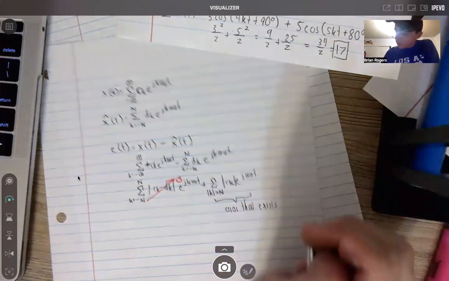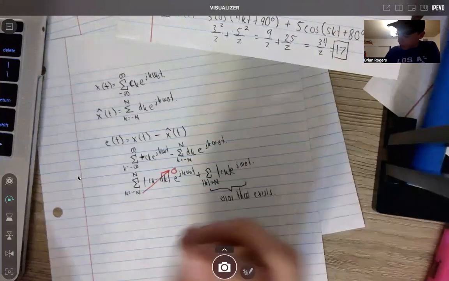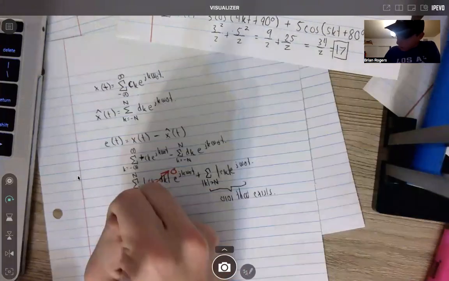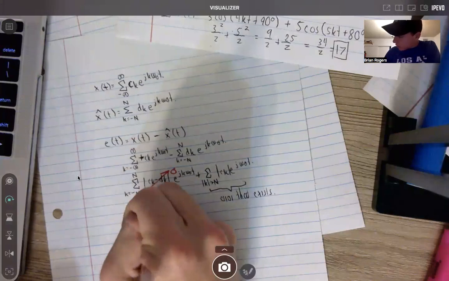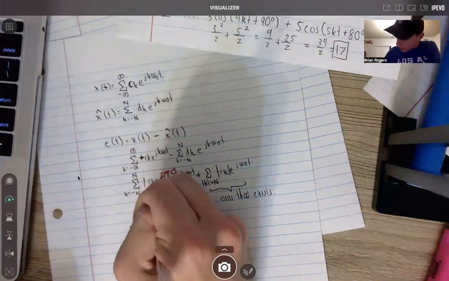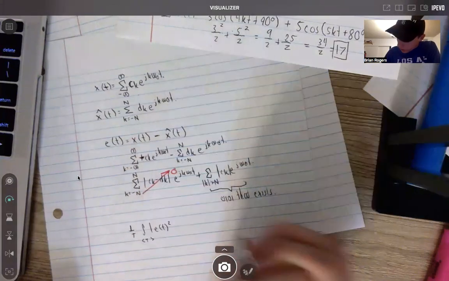And then when we do power, remember it's 1 over T, and then the integral over 1 period of our error signal, squared, dt.